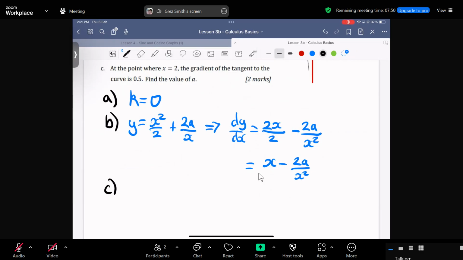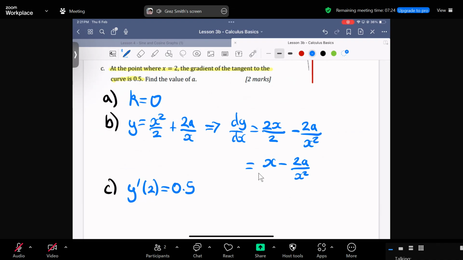At the point where x equals 2, the gradient of the tangent to the curve is 0.5. Find the value of a. What this information here means, at the point where x equals 2, the gradient of the tangent is 0.5. What that means is that, I'll call it y prime, y prime of 2 is equal to 0.5.